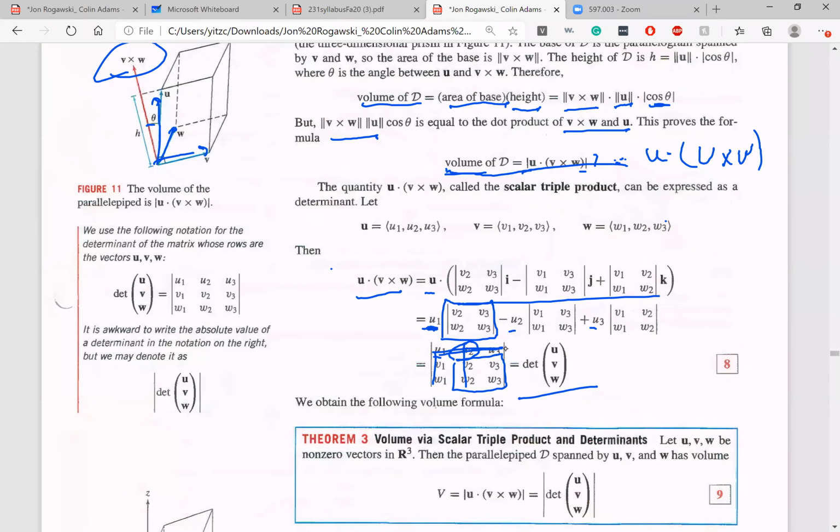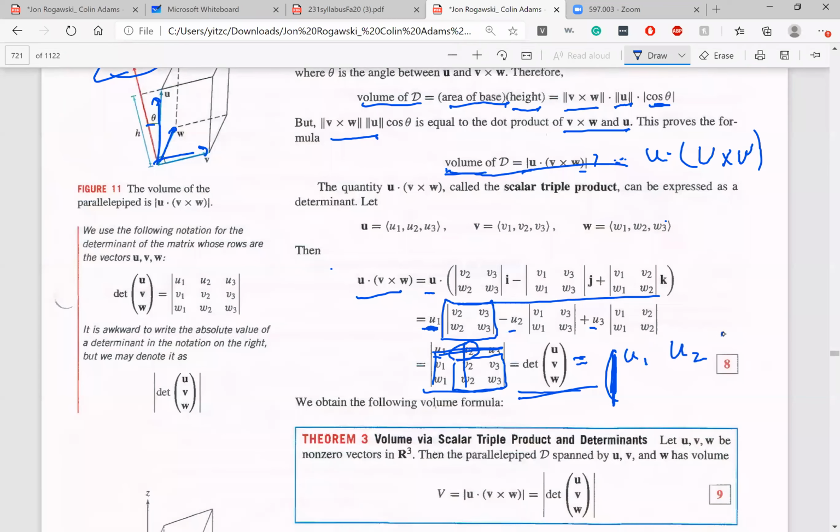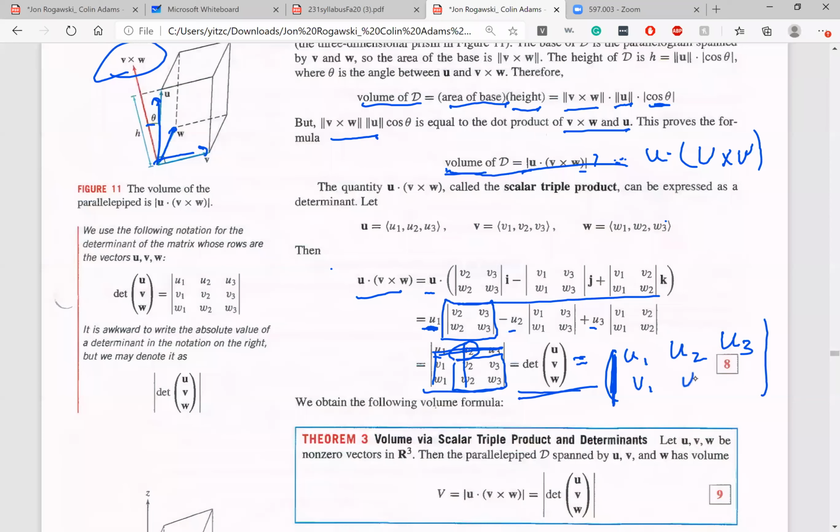At this point it's a mess, but I think it's understood. And that's equal to the determinant of this matrix, which is the determinant of u, v, w. So just to clarify, this is equal to the determinant of the matrix with rows u1, u2, u3; v1, v2, v3; and w1, w2, w3.